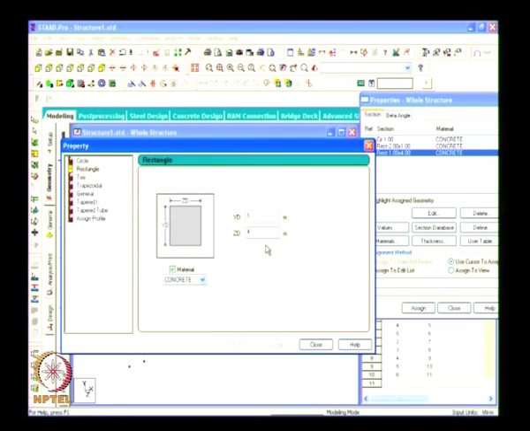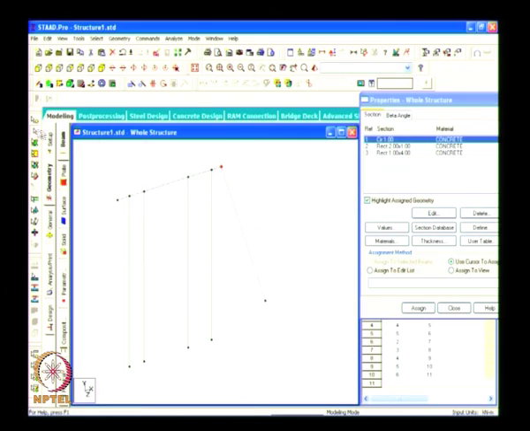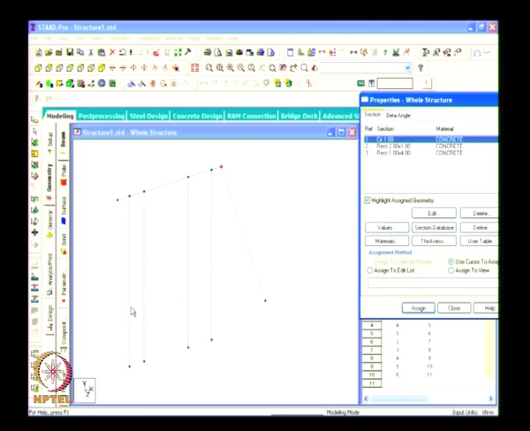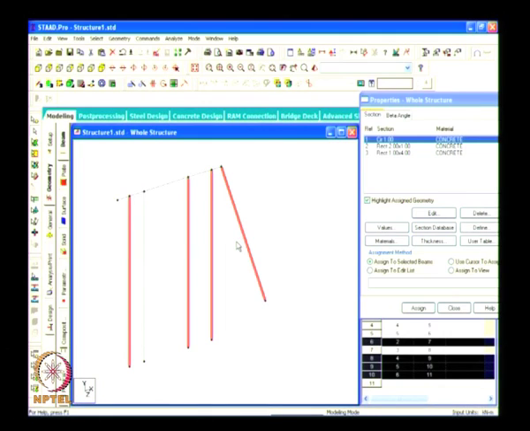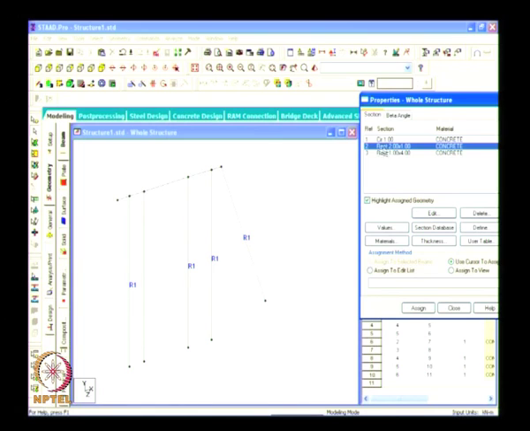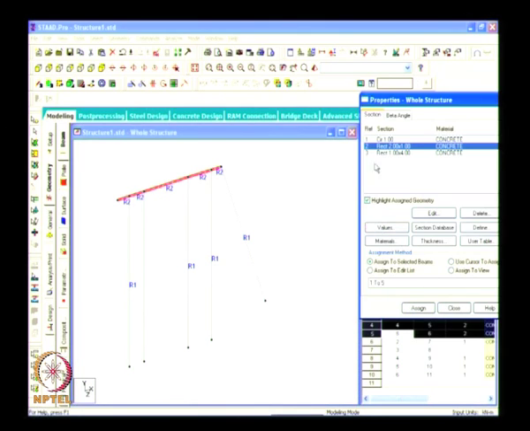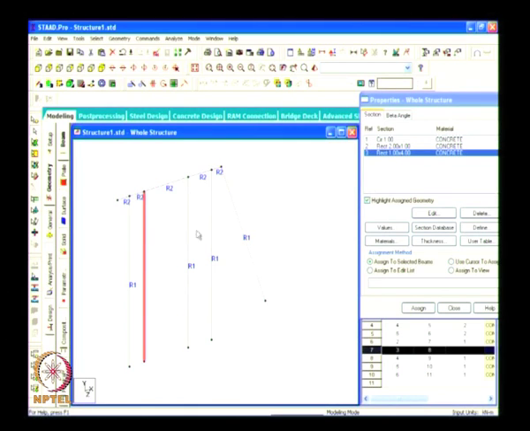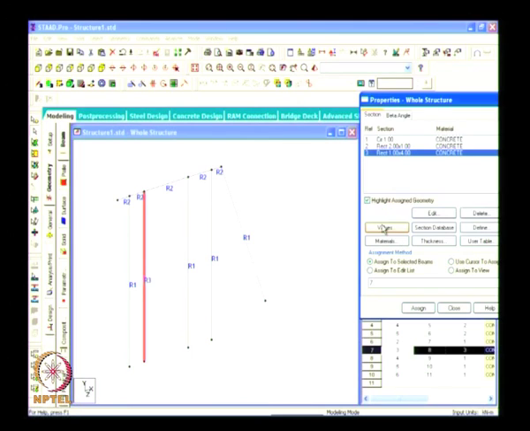Perpendicular to the plane of the frame is 4 meter, that is what is given here. So we are assigning for the piles 1 meter in diameter. So we have to assign the properties for each member separately, what we have created.